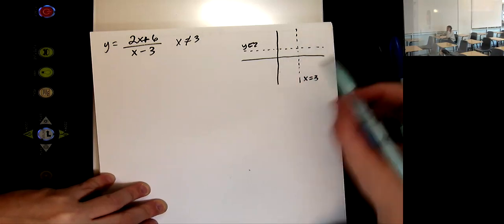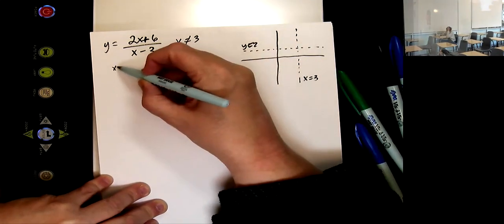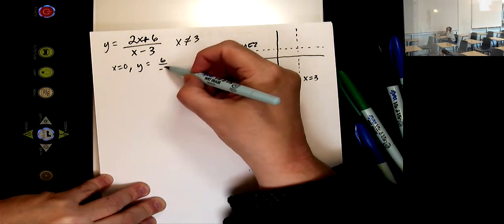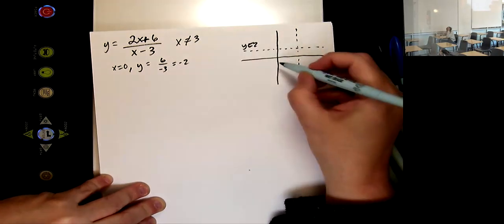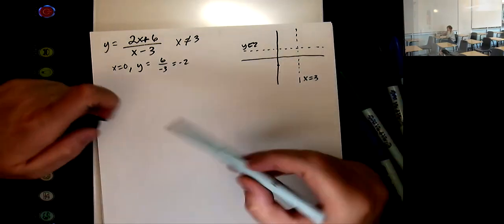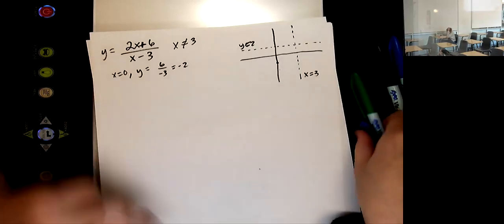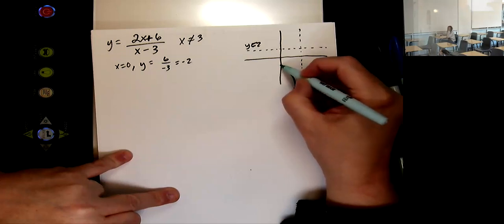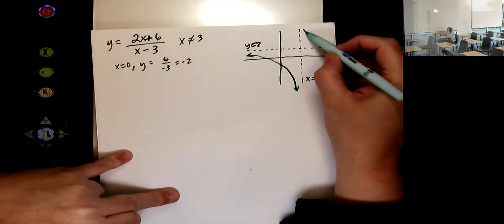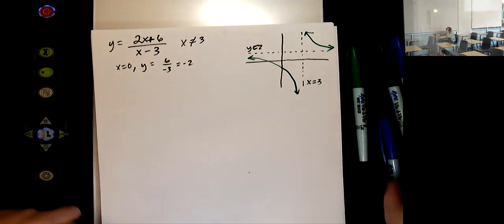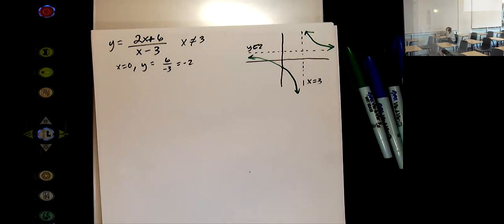When x equals 0, what do I have? 6 over -3 is -2. It's down here. Which means it's got to be doing something like this. So it's going to be 1 to 1.